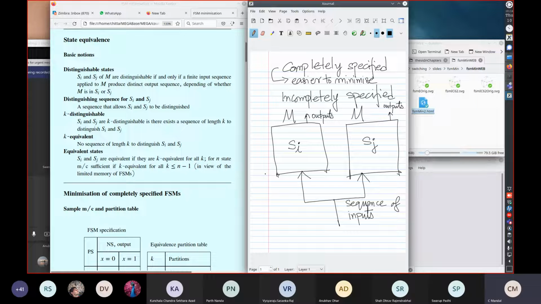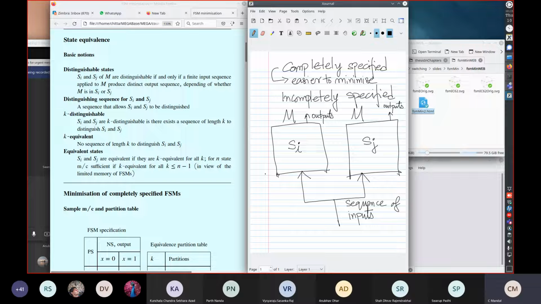If the outputs are always the same, then you really can't distinguish between these two states Si and Sj. And if there is a sequence of inputs which gives you different outputs, then using that sequence you can distinguish between these two states.